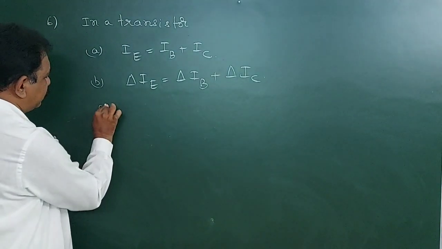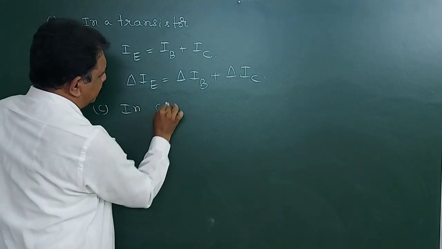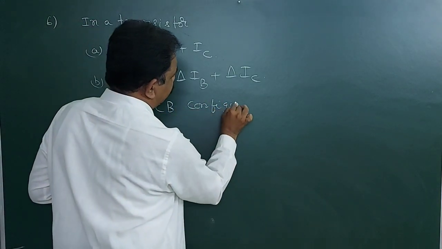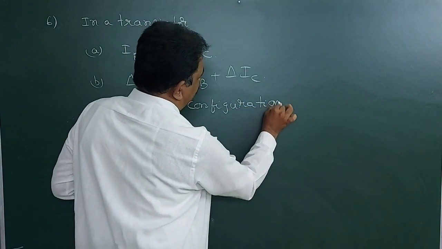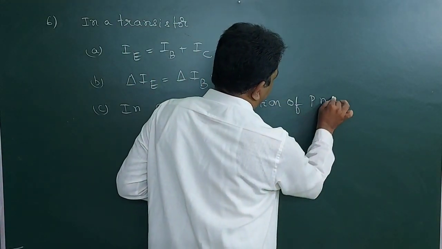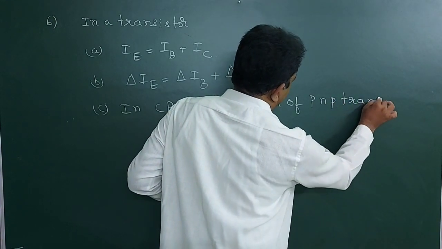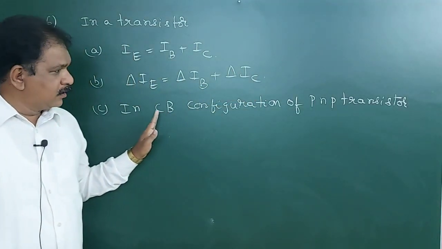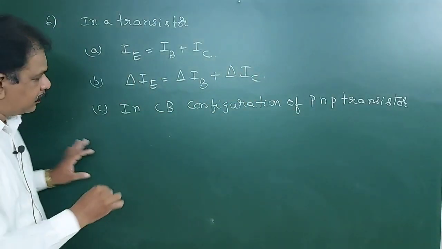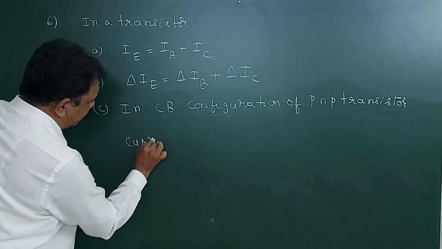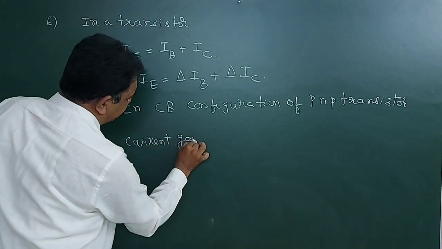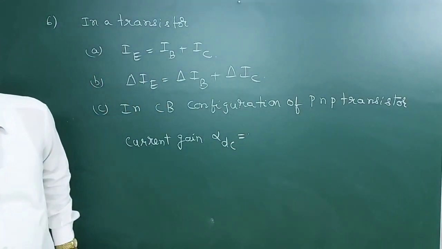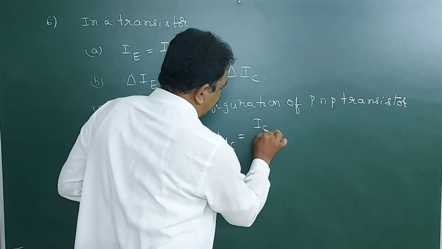Next, in common base configuration of PNP transistor, the current gain alpha DC is equal to IC by IE.